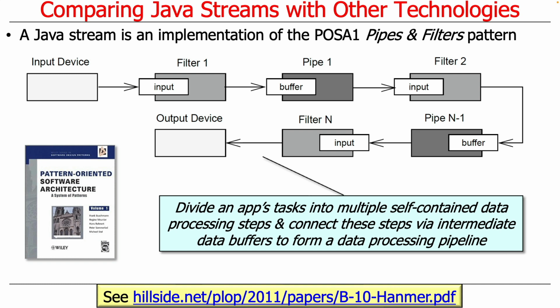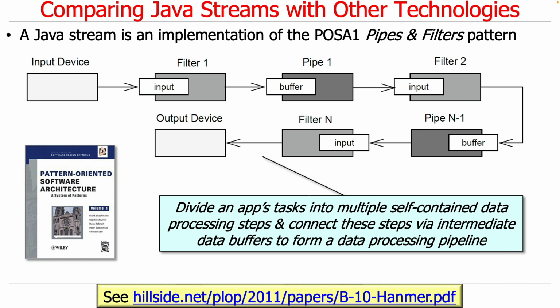The pattern has an intent that states: divide an application's tasks into multiple self-contained data processing steps, which are basically the filters or the transformers, and then connect these steps together using some kind of intermediate buffering or data mechanism to form a data processing pipeline. You can read more about a revision of that pattern at this link here.